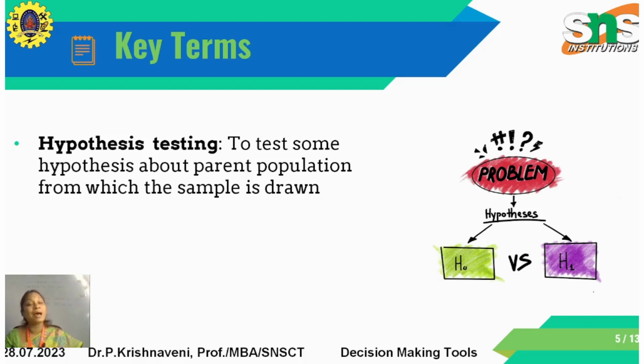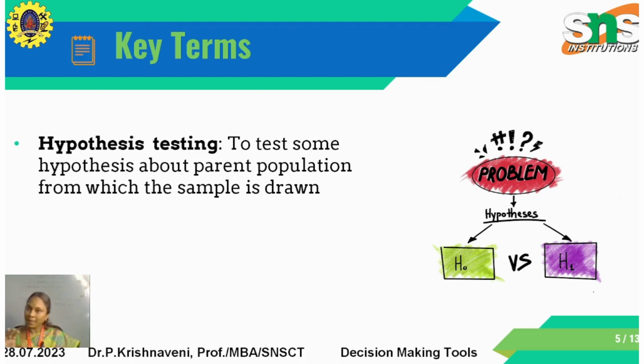Likewise, we have to give our hypothesis in such a way that we can test it with the sample data for the entire population. This is what we are going to do. In the hypothesis, there are two types. Say, for example, I want to test whether I am having COVID or not.